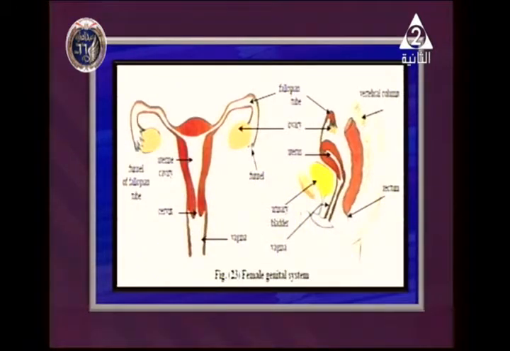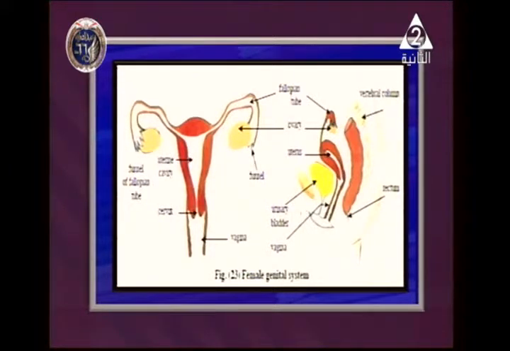This is the form of the female genital system. As we said, it consists of 2 ovaries, and they are faced by the 2 funnels extended from the 2 fallopian tubes, and each fallopian tube is lined with cilia, which carry the ova to reach the uterus safely.